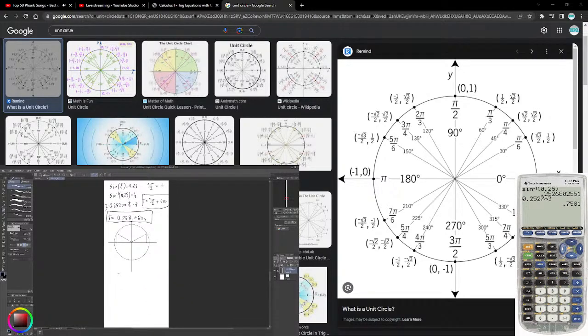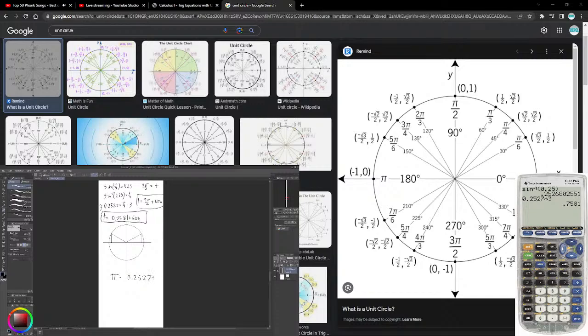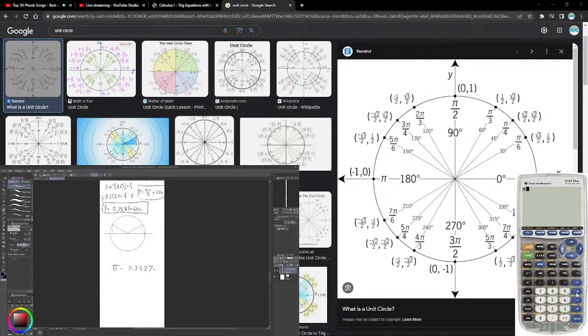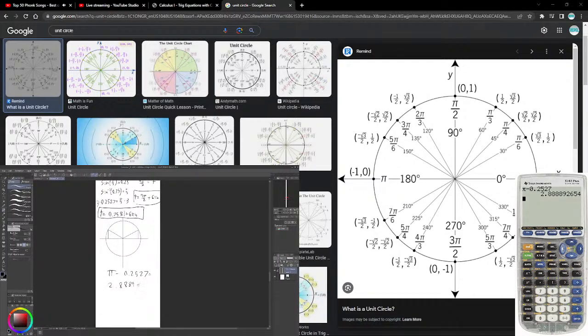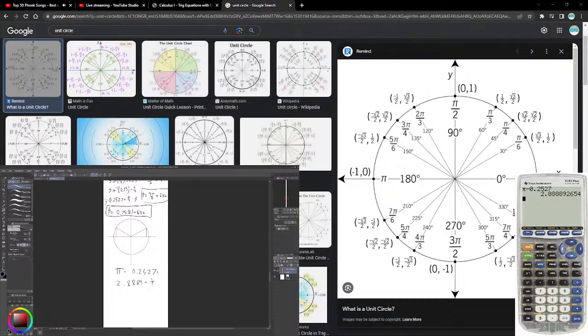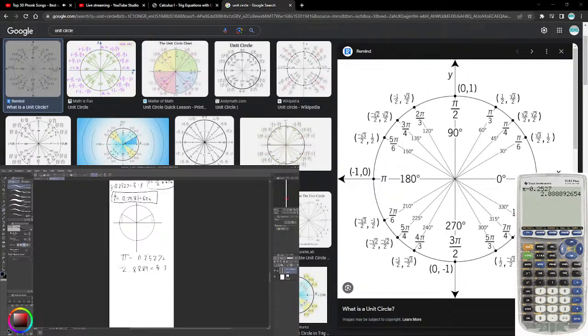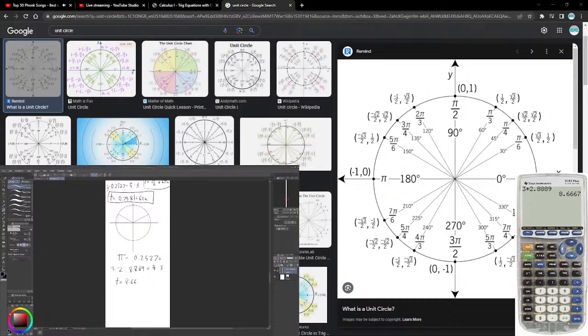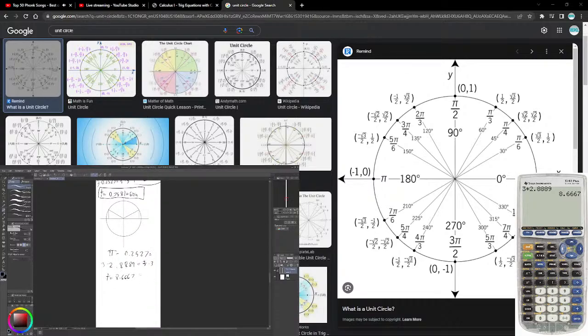Pi minus 0.2527 is 2.8889 equals t over 3, times 3, times 2.8889, and we get t equals 8.6667 plus 6 pi n.